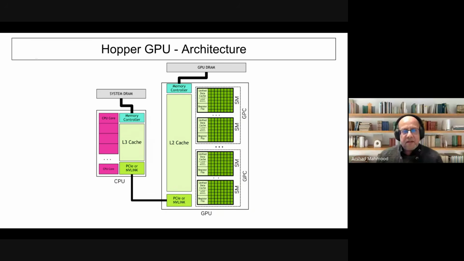Then on the left of this diagram is your CPU. So you've got CPU cores, the memory in your computer, and then there's some kind of a connection to the GPU, either over PCI Express or NVLink. The GPU is then broken up into what are called streaming multiprocessors on the right-hand side.